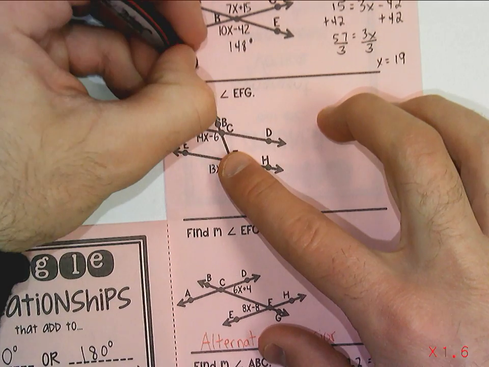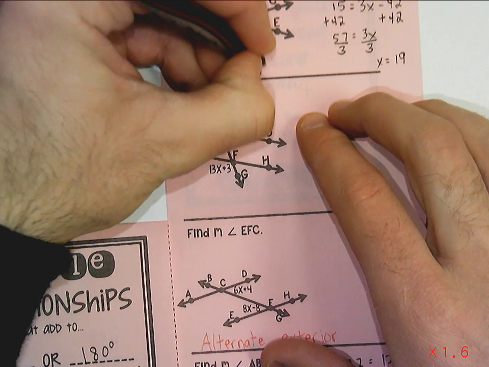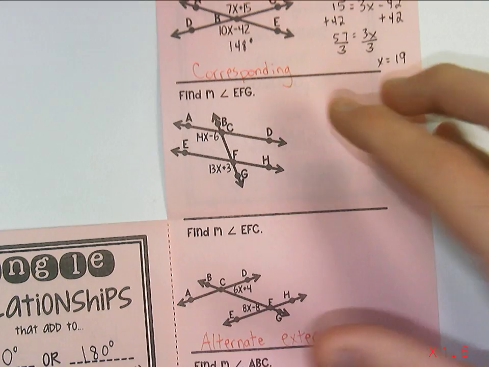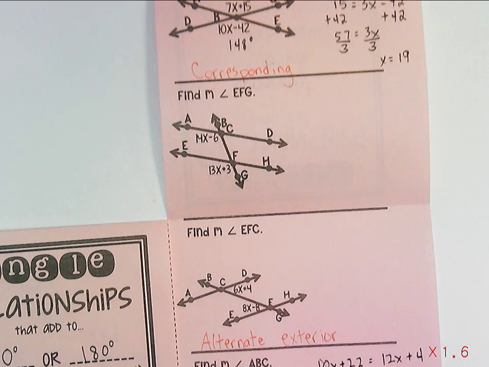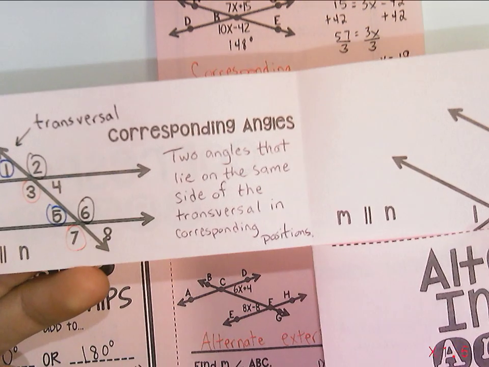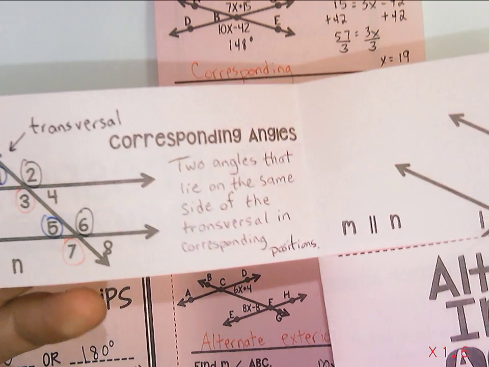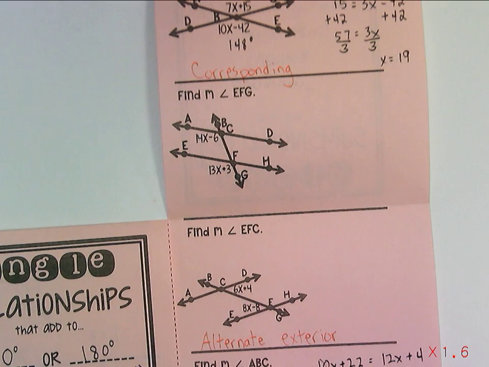So those are corresponding. And again, those follow the definition from this foldable here. Two angles that lie on the same side of the transversal in corresponding positions. So definitions are important, like I've mentioned earlier in the first video.